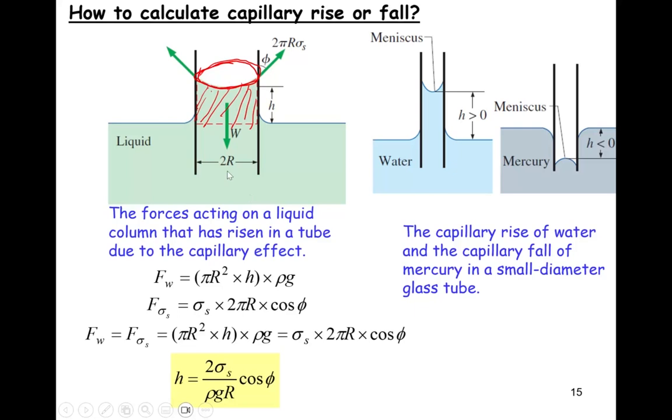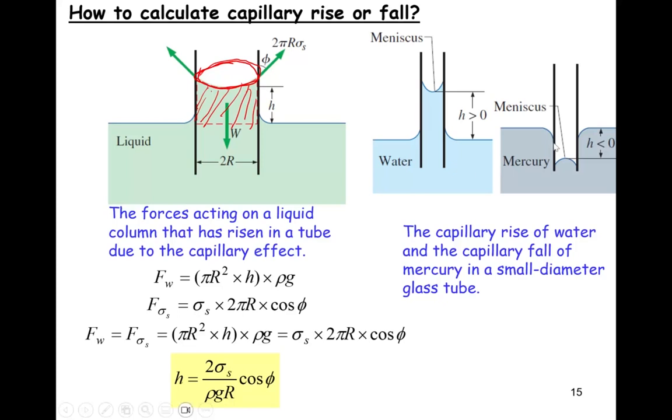The volume, which is the area times the distance, times the specific weight, or basically rho g. These two forces need to be balanced. If we balance them and manipulate all the parameters, we come up with the formula in this yellow box, from which the capillary rise can be estimated.